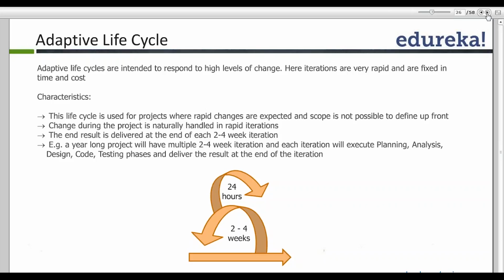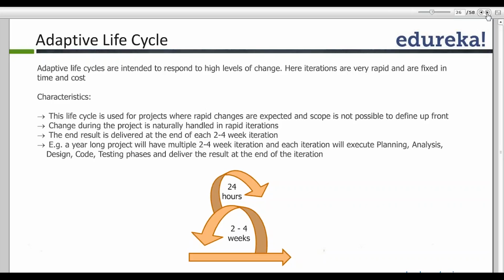Let's say I'm developing an antivirus software, and I deliver a version 1.0 to the business. Every 2 weeks, I'll be releasing a new antivirus version into the market, which makes sure it is able to find the current viruses.